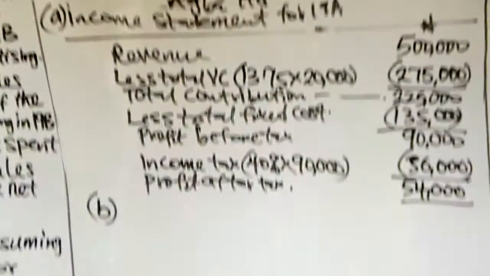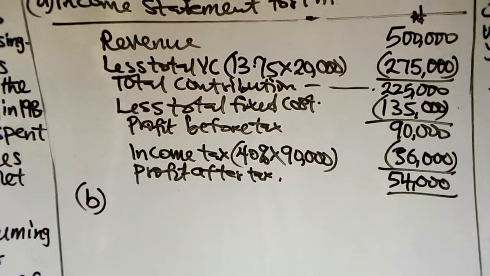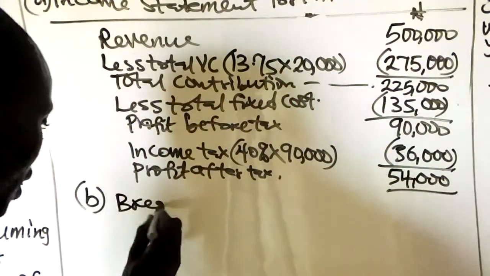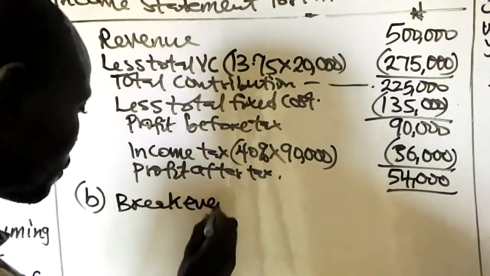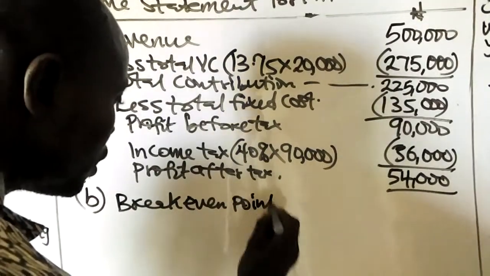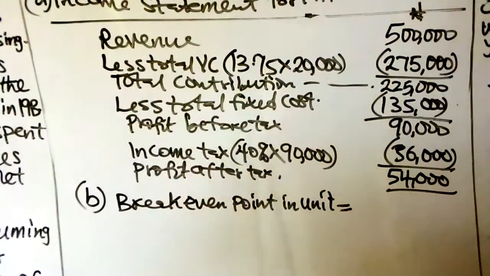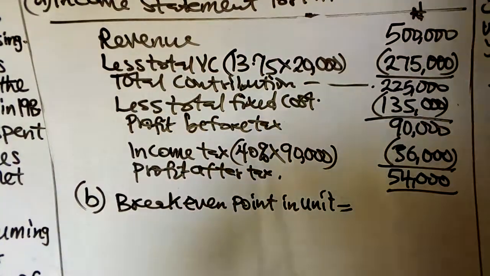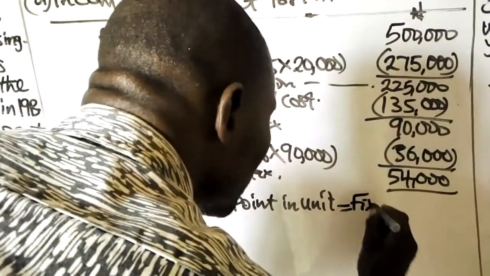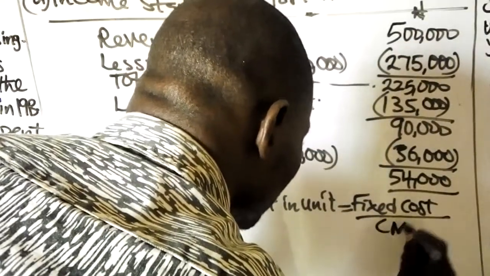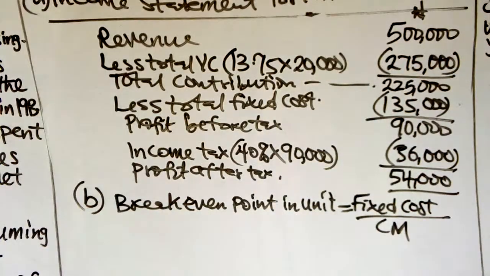I've told you that to calculate the break-even point in units, it is fixed cost over contribution margin, which is CM, since it is units.